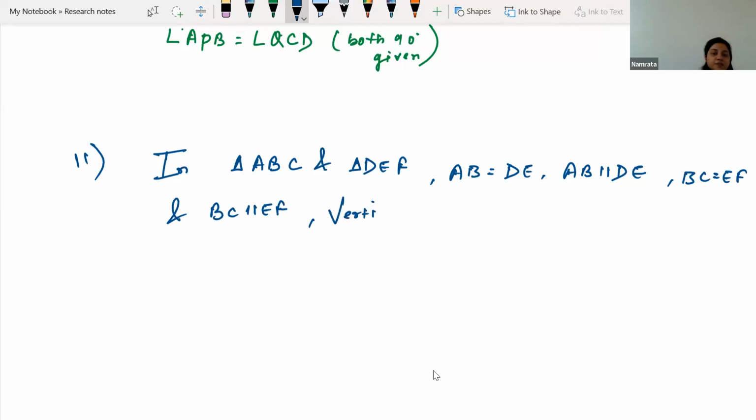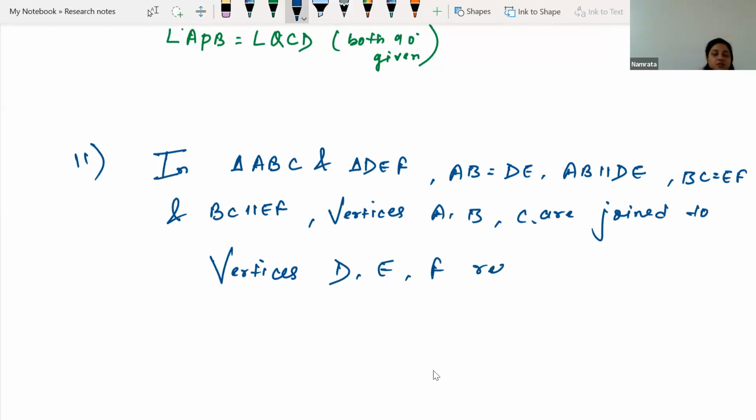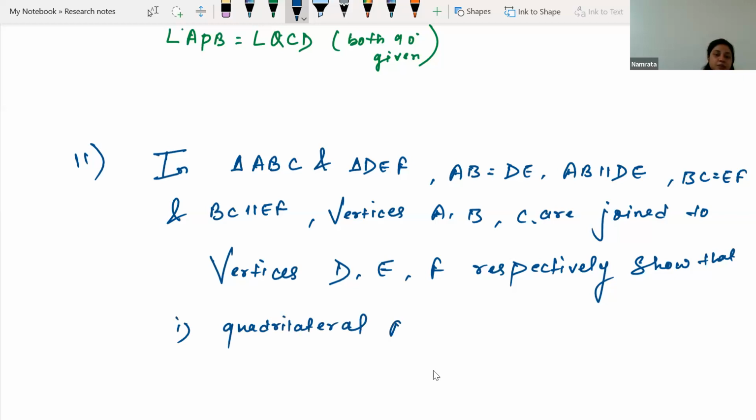Vertices A, B, C are joined to vertices D, E, F respectively. Show that, first thing first, quadrilateral ABED is a parallelogram.